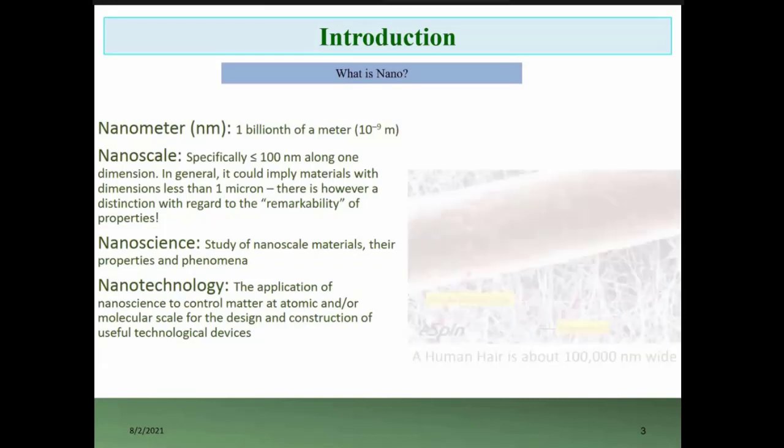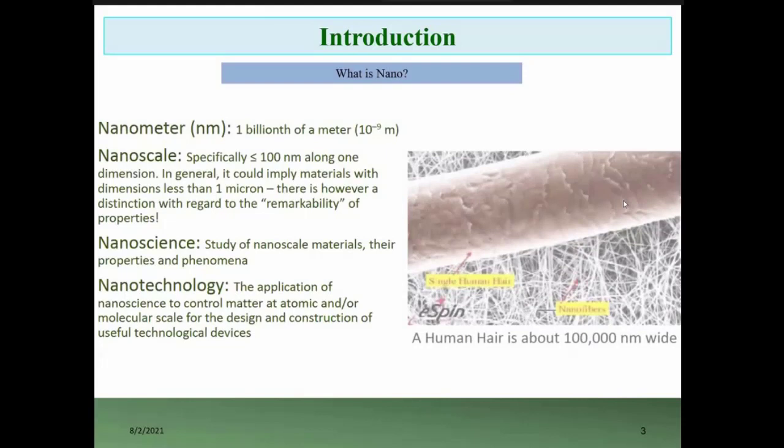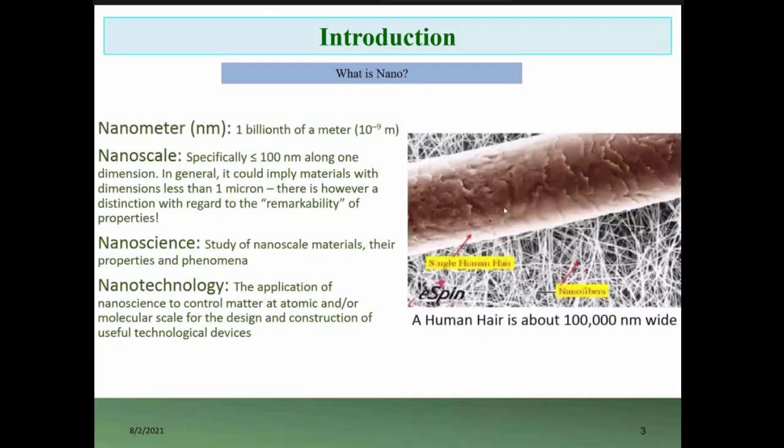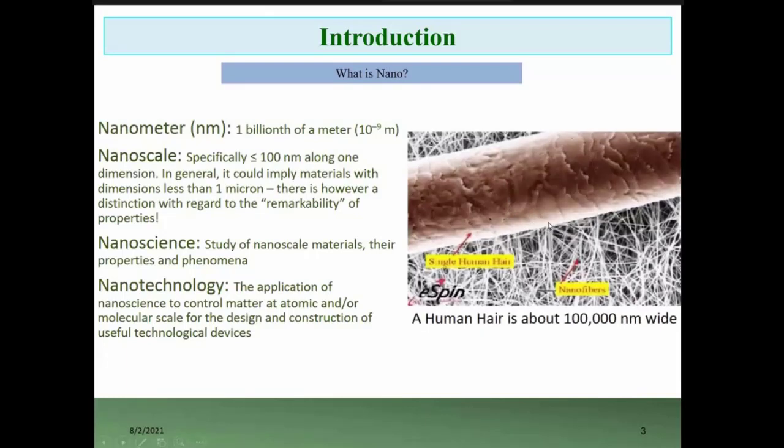For example, if you see this image, here you can see a zoomed-in image of a single human hair, which is about 1 lakh nanometer. And beside that human hair, you can see some nanofibers, which are around 1 to 5 nanometer. So I hope you can understand how small a nanometer or one nanoparticle is.